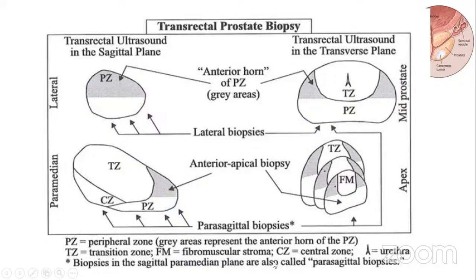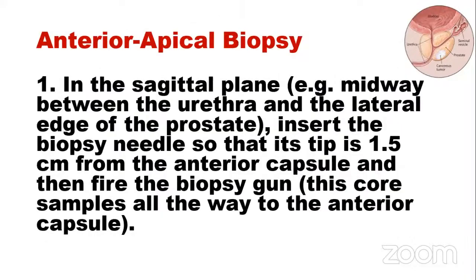Biopsy in the sagittal paramedian plane is called the parasagittal plane. Anteroapical biopsy: in a sagittal plane, midway between the urethra and the lateral edge of the prostate, insert the biopsy needle so that the tip is 1.5 centimeters from the anterior capsule, and then fire the biopsy gun.